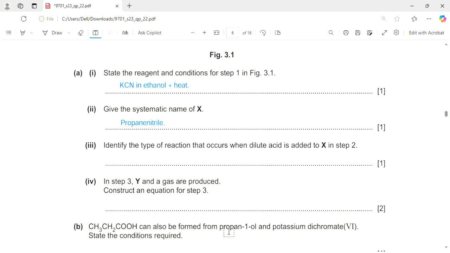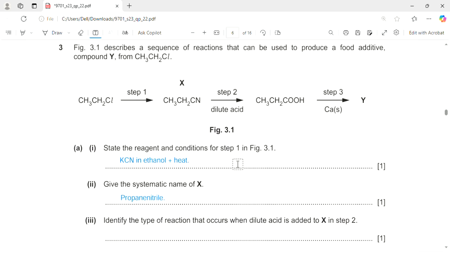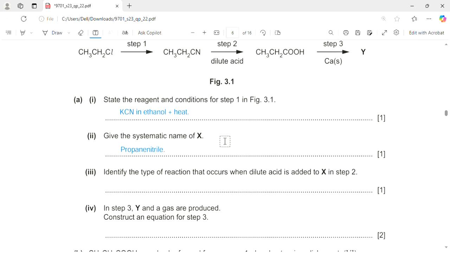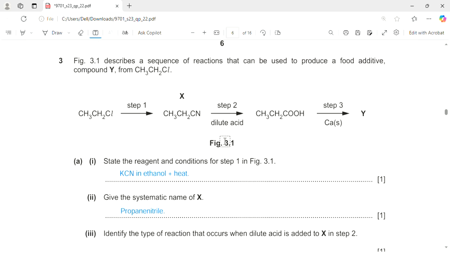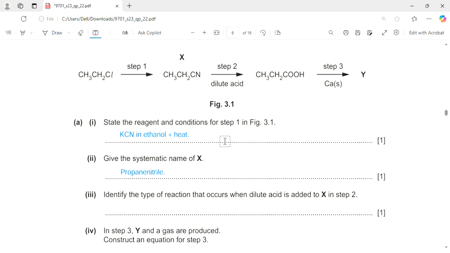Identify the type of reaction that occurs when dilute acid is added to X in step 2. You see that with dilute acid it becomes a carboxylic acid instead of the nitrile group.